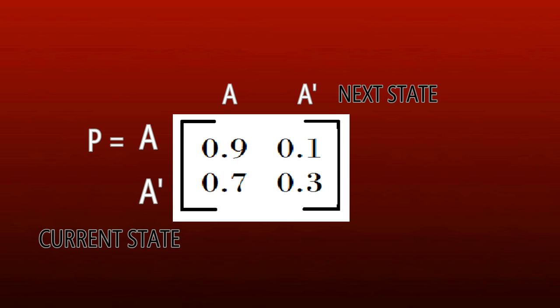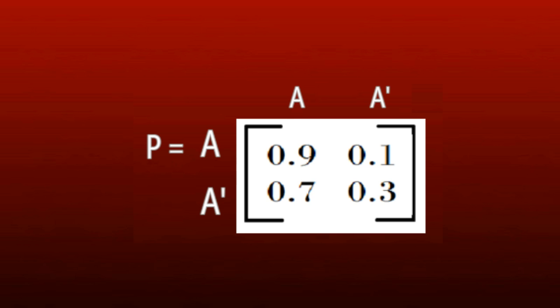So all we're doing is representing this little transition diagram in a different way that you can do some math with. Basically, if your current state is state A, there's a 90% probability that you'll stay in state A. And if you're in state A, there's a 10% chance that your next state will be not A, which is 0.1.